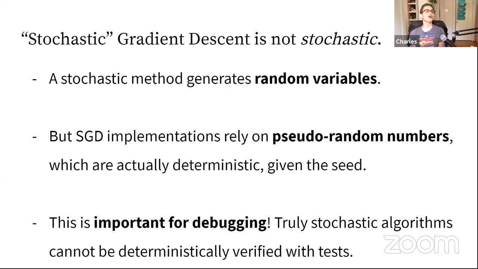We can understand what happened during the algorithm with perfect clarity, no stochasticity needed. Verifying the behavior of a stochastic algorithm with tests is really, really hard. And it's actually quite lucky for us that our stochastic gradient descent is not so stochastic that it cannot be made deterministic.